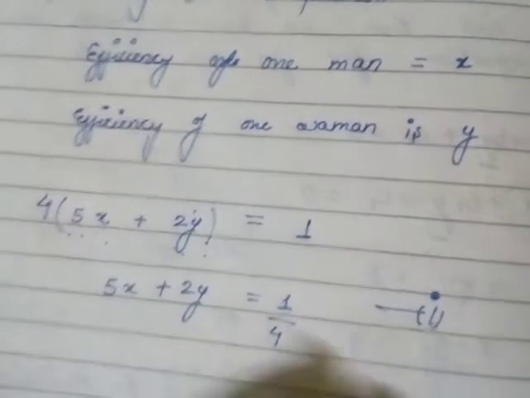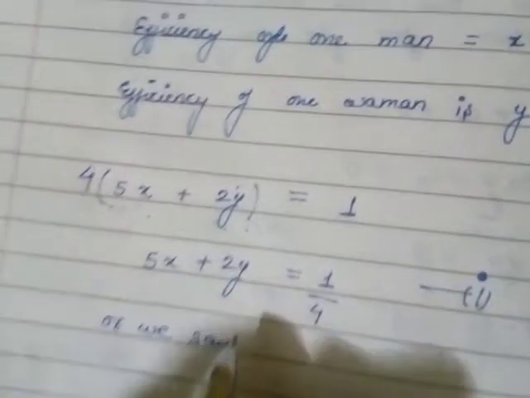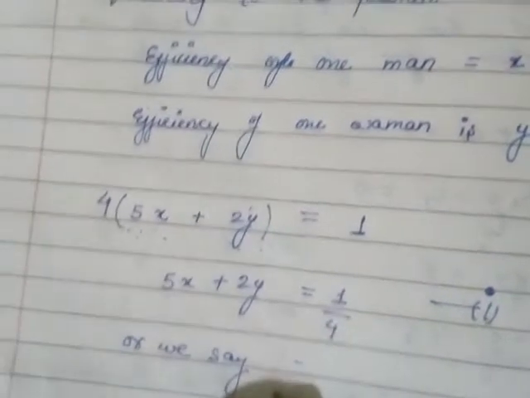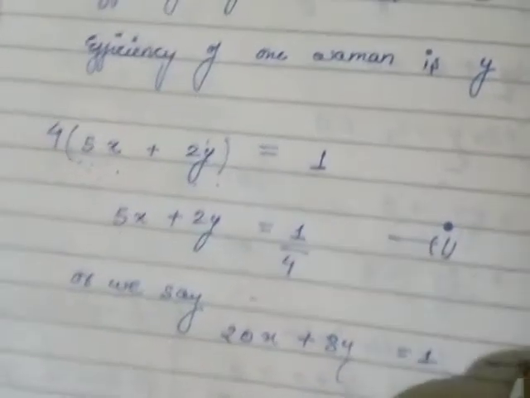This is our first equation. Or we say 5 into 4, 20x plus 2 into 4, 8y equal to 1. This is the first equation.